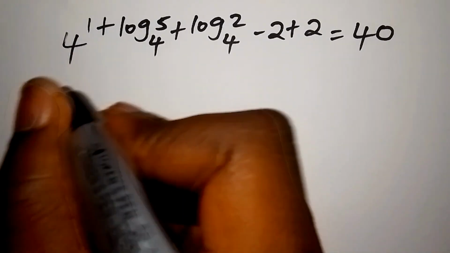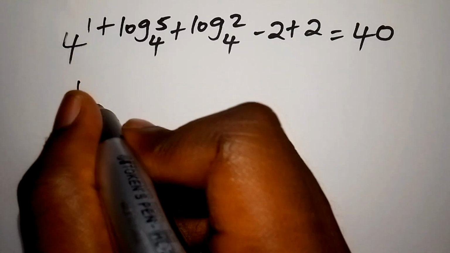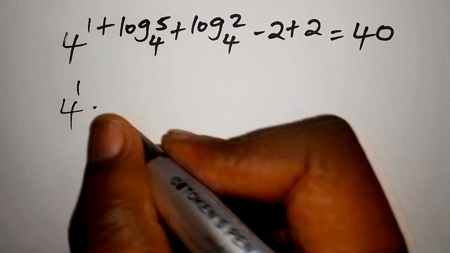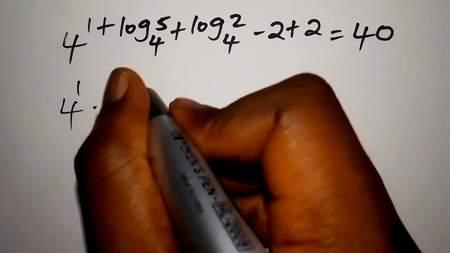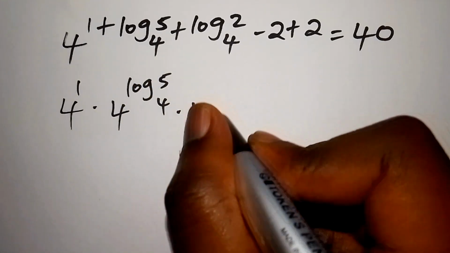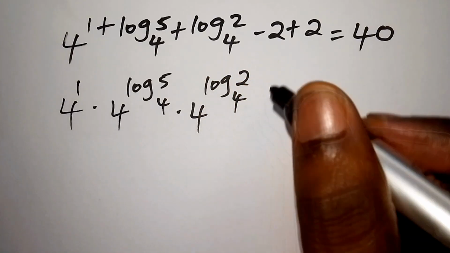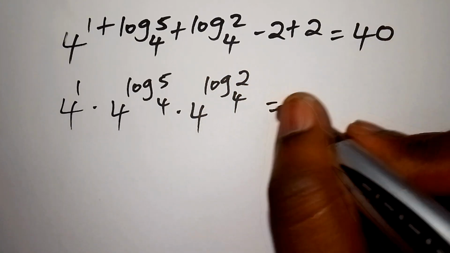So next, we shall have 4 to the power of 1, then the plus we shall have as multiplication, 4 to the log of 5 to the base of 4, then the plus is multiplication again, 4 to the log of 2 to the base of 4, then minus 2 plus 2 is 0, is equal to 40.